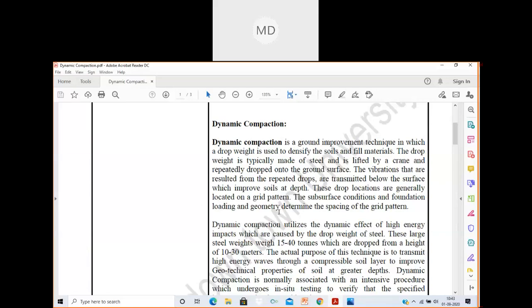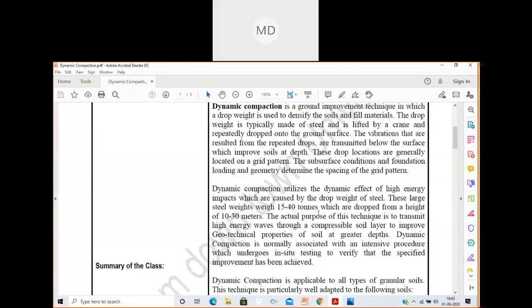The pounder is lifted with the help of a crane up to that height and then dropped. Imagine how much vibration will be created, how much energy will be transferred.